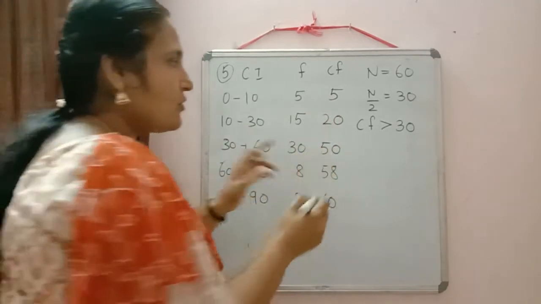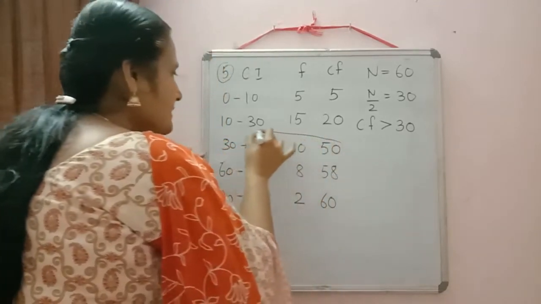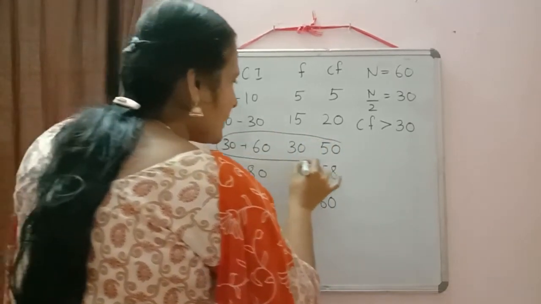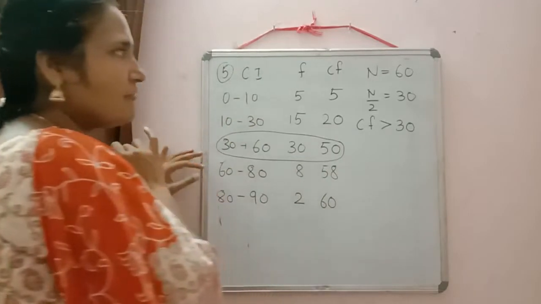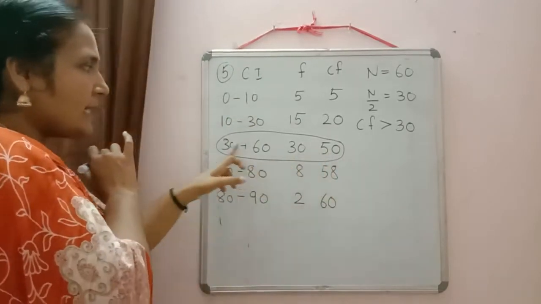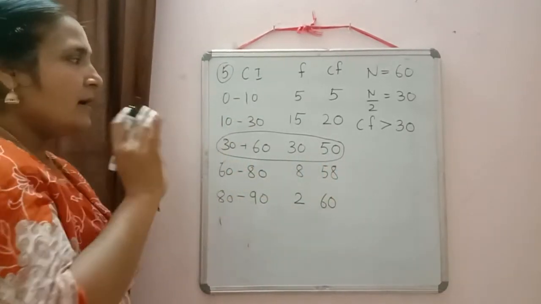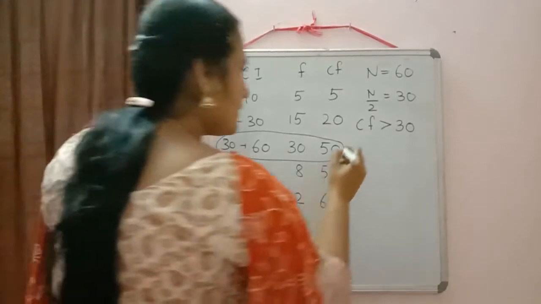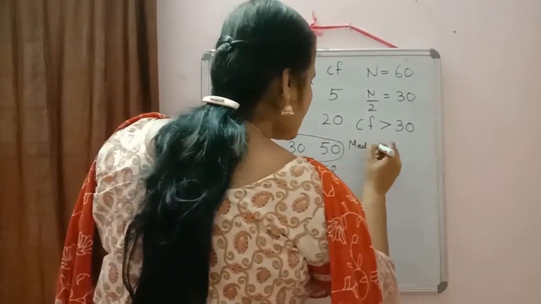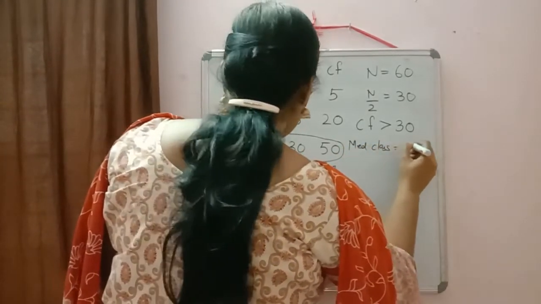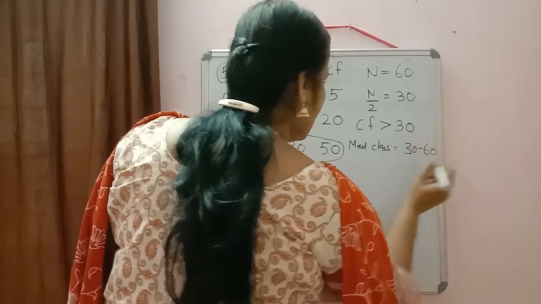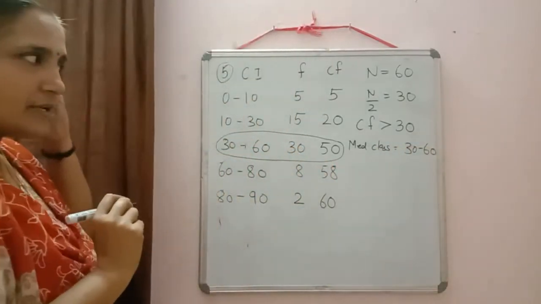Correct? Check that cumulative frequency, and the corresponding class interval will be the median class. So we got our median class is equal to 30 to 60.